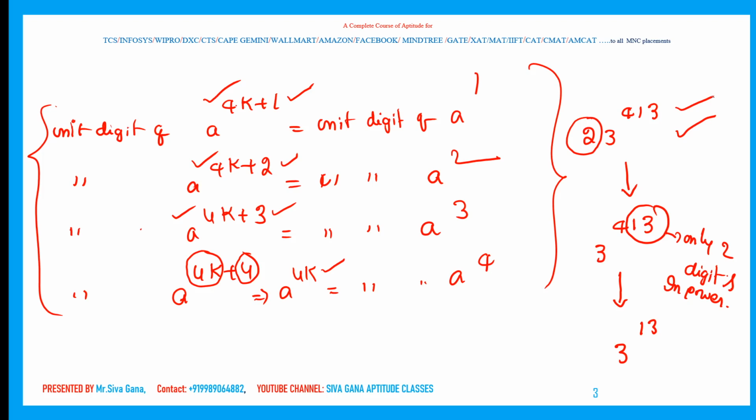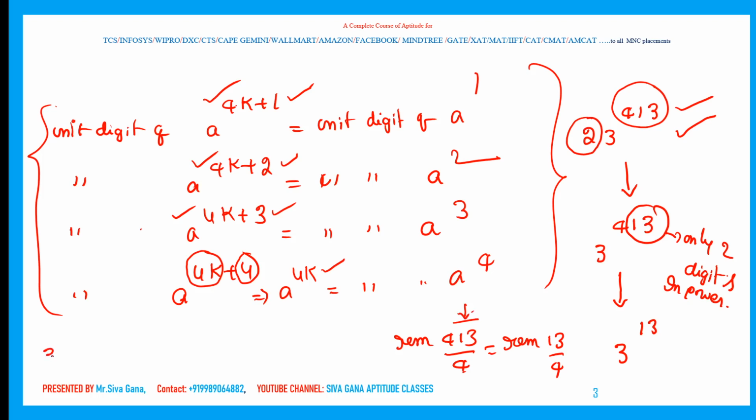To get the power divided by 4, you need not consider the complete power. Just consider only two digits, because the remainder of 413 by 4 is equal to the remainder of 13 by 4, since the divisibility rule of 4 is the last two digits. That is the reason why.